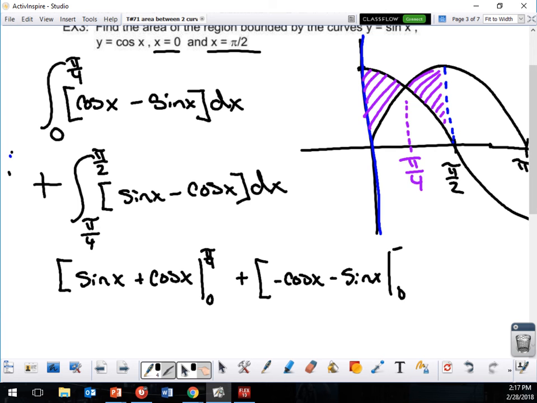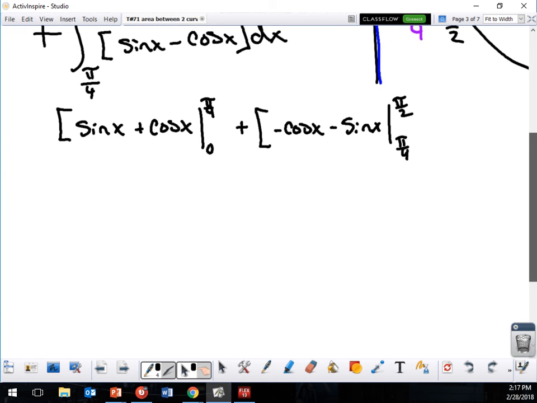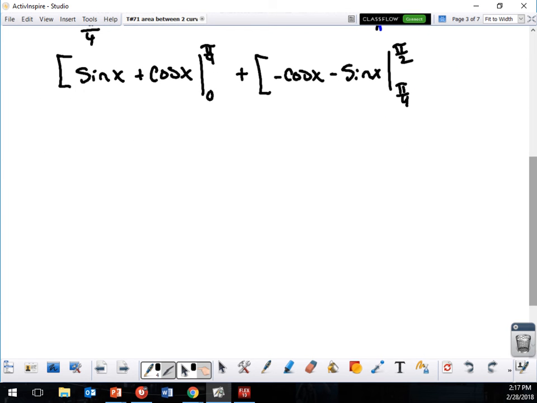From 0 to, actually no, the bounds are wrong. It's going to be from pi over 4 to pi over 2. Okay, all right, so from there.